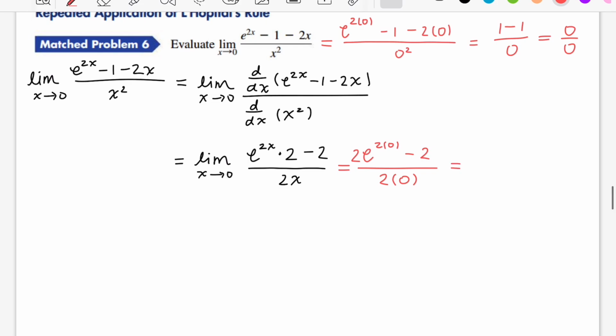Right. We know that e to the power 0 is 1, so we get 2 times 1 minus 2. So we end up with 2 minus 2 over 2 times 0, which is 0. And so we get indeterminate form again. So what we're going to have to do is do L'Hopital's rule again.